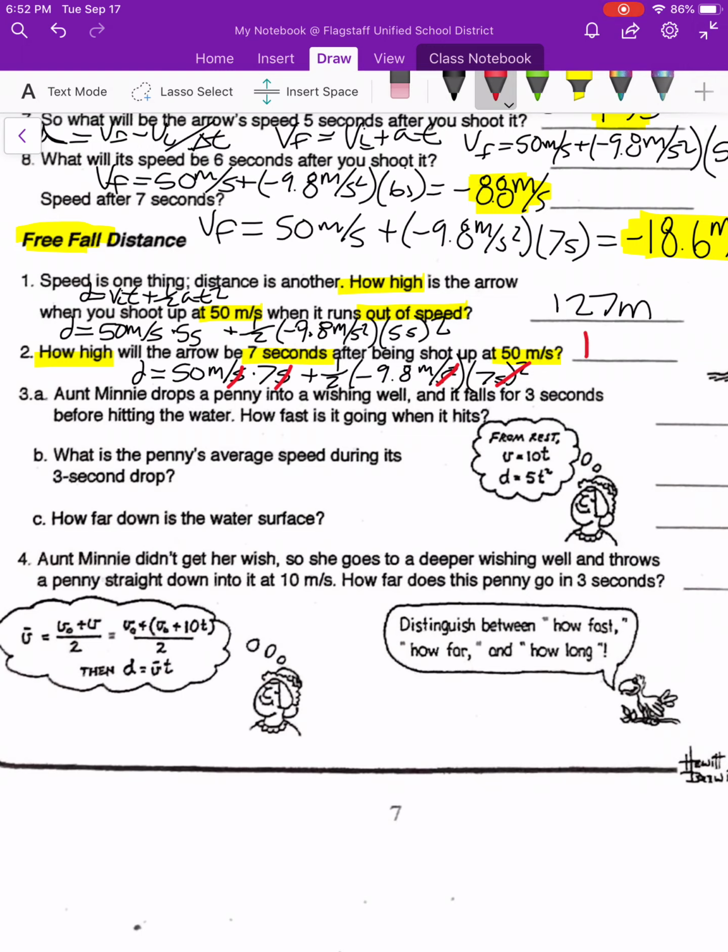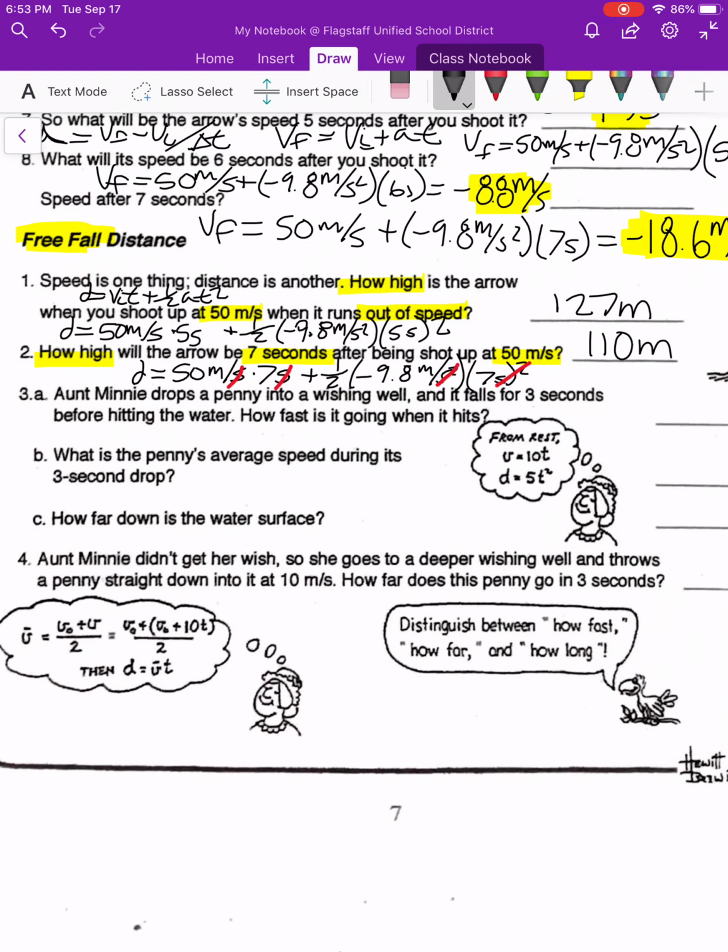Oh, I'm still in red. 110 meters, or specifically 109.9. Right? Okay. All right, we got about 4 more.